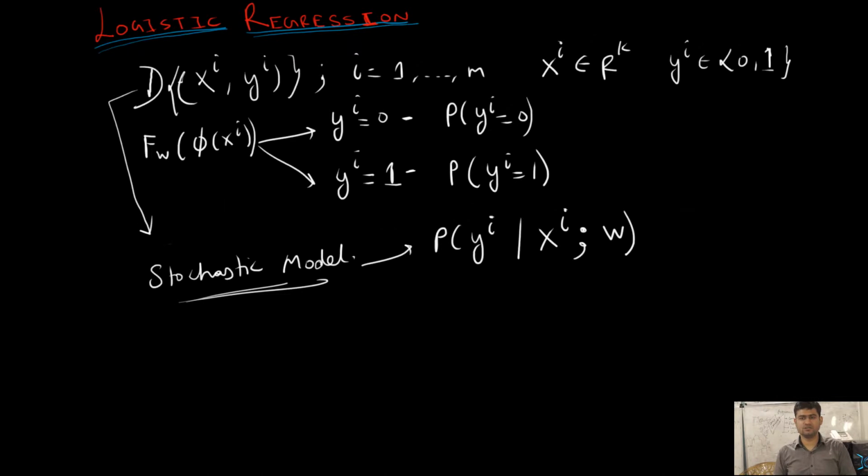So today we are going to learn this stochastic model. That is, instead of just outputting 0 or 1, it outputs the conditional probabilities of yi being 0 or 1.